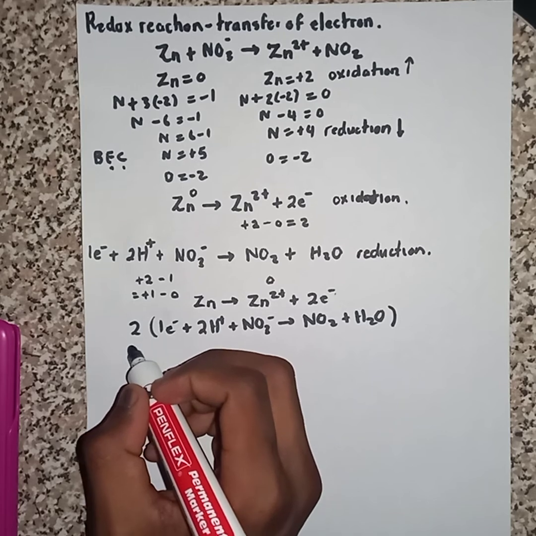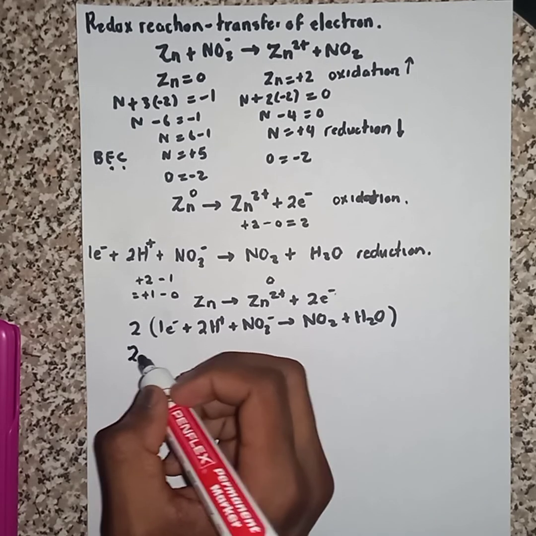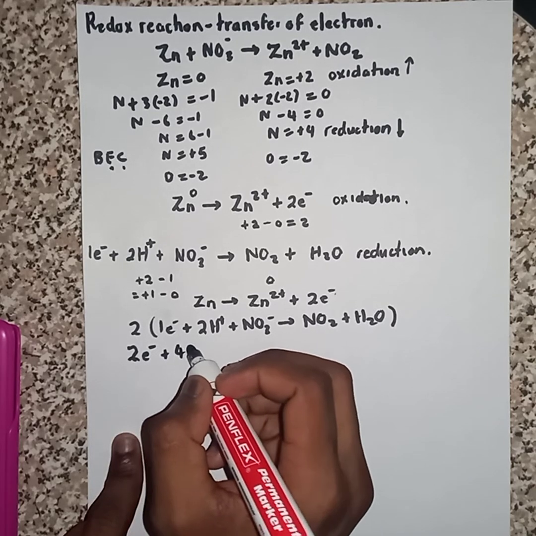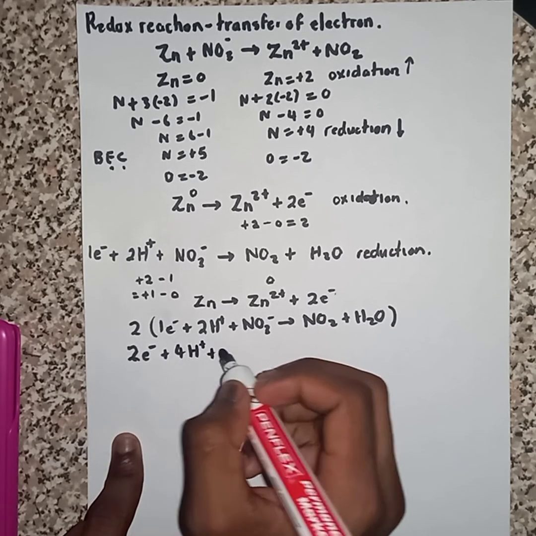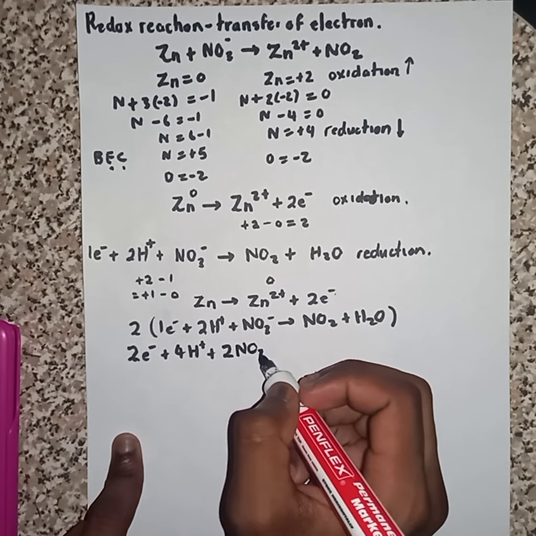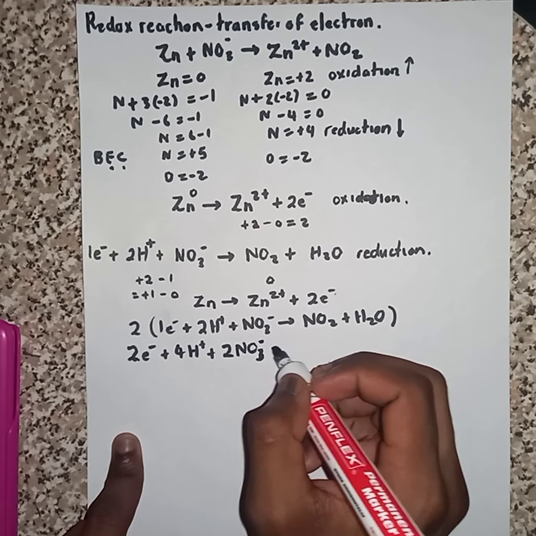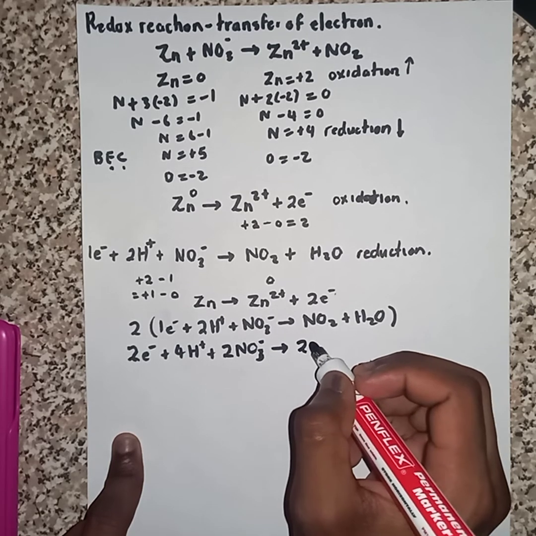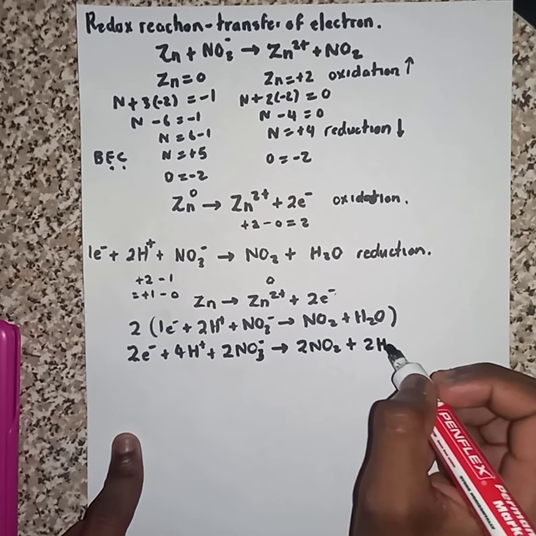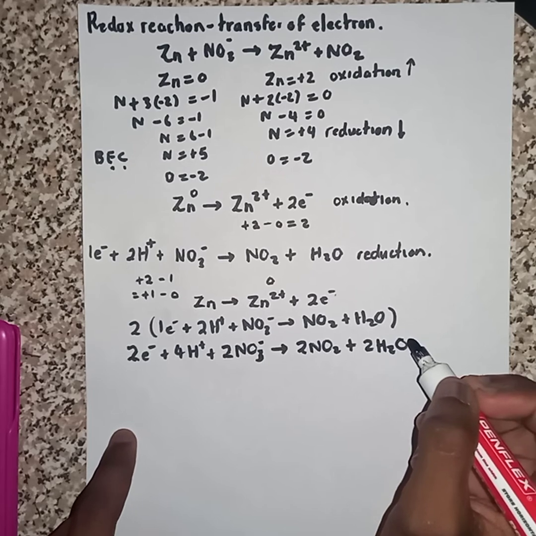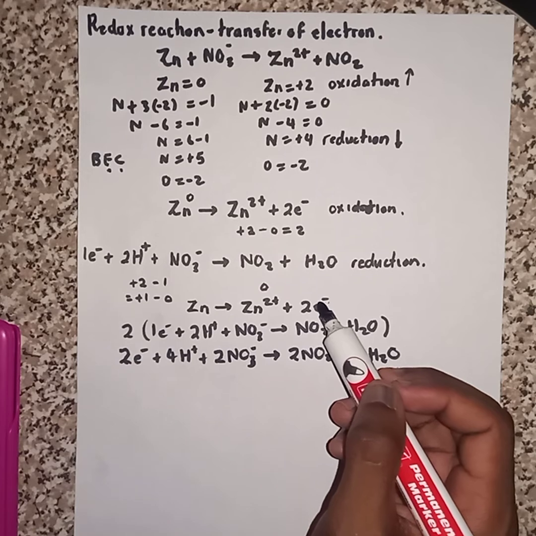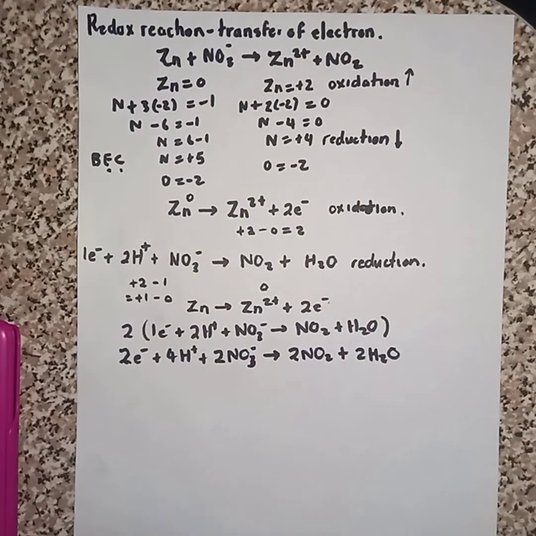Then it's going to be 2 electrons, 4H plus, 2NO3 minus, giving 2NO2 plus 2H2O. At this point, I have 2 and 2 electrons. Now it's fine, they are going to cancel each other.